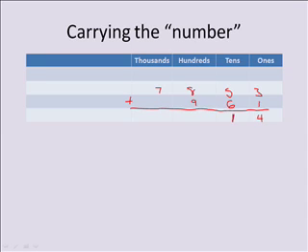I write down the 1, and I carry a 1. 1 plus 8 is 9. 9 plus 9 is 18, so I write down the 8 and I carry the 1. 1 plus 7 is 8. So 7,853 plus 961 is 8,814.